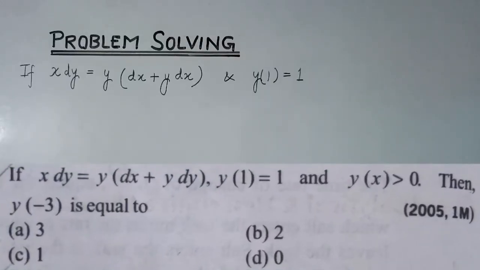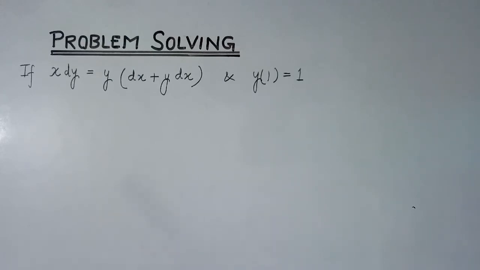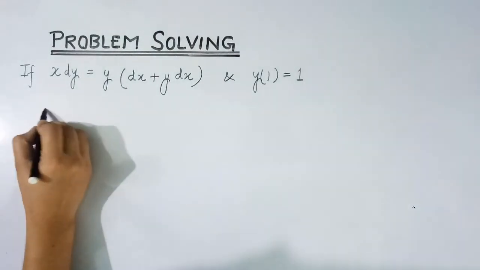Now the next question: if x dy is equal to y dx plus y dy and y1 is equal to 1, then find the value of y when x is equal to minus 3. So let us solve it.